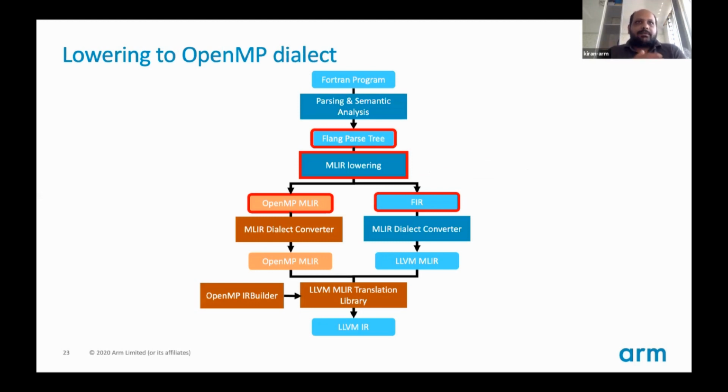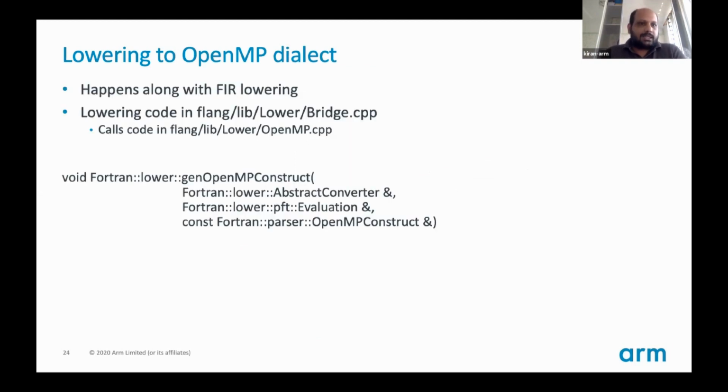So now, in the previous few slides, we have gone into the details about how you define OpenMP operations. Now the next step is that once you have this OpenMP operation, you have to lower the Flang parse tree into the OpenMP operation. I'm not going into much detail of this stage, other than noting that there is some code in Flang in the lower directory called bridge.cpp.